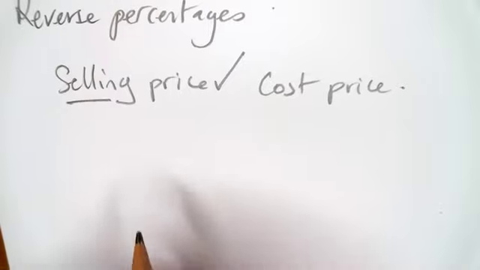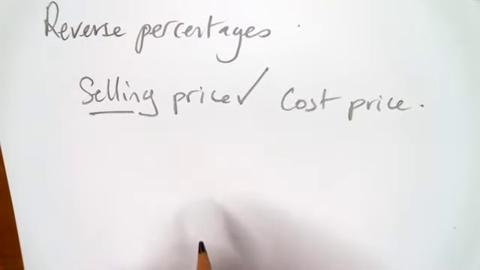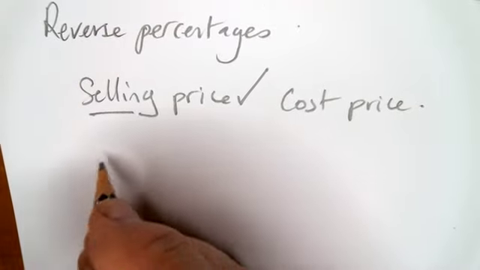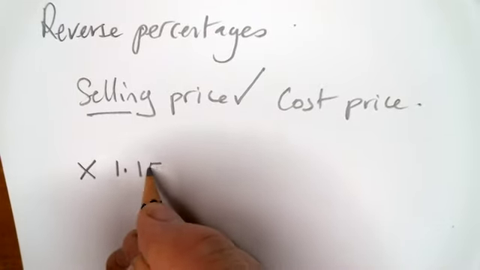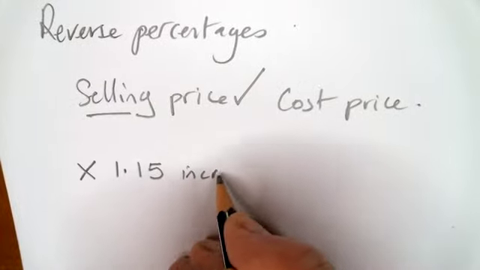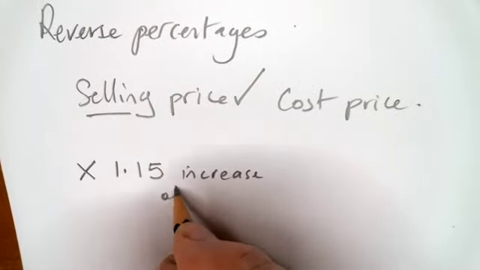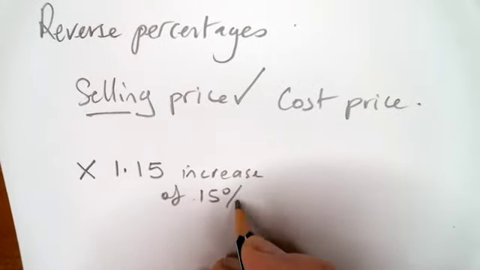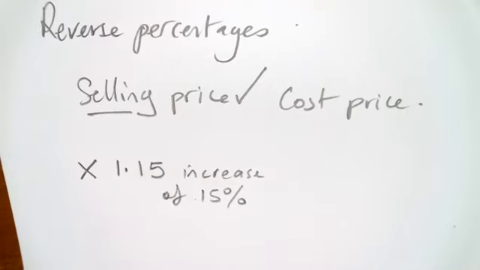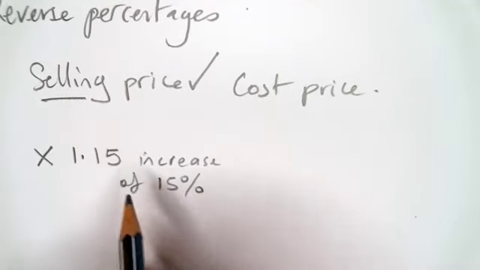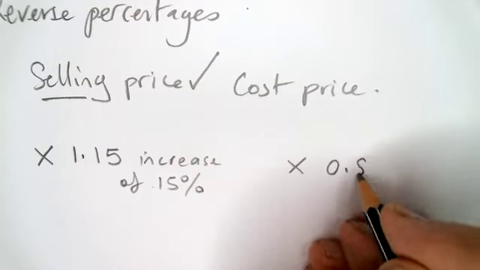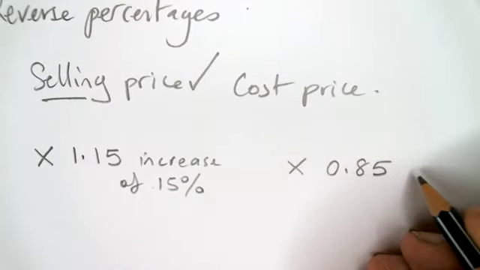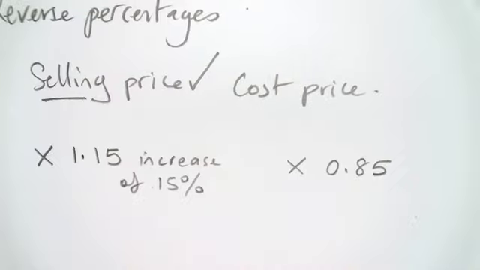For example, if you wanted to increase something by 15%, you're going to take that item and multiply by 1.15. That's an increase of 15%. And similarly, if you wanted to decrease it by 15%, that would be 15% off, you're going to multiply it by 0.85. And that's a 15% decrease, yeah?